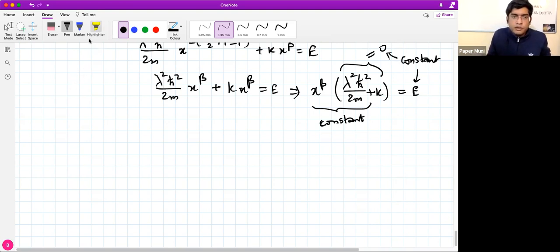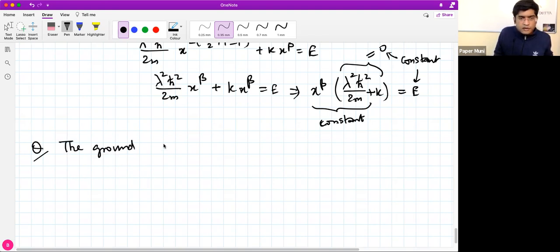What is the time? It's already late, so this question took a lot of time. So there's a question from JEST. The ground state. I'll discuss yesterday's question also. Just let me give you this question.